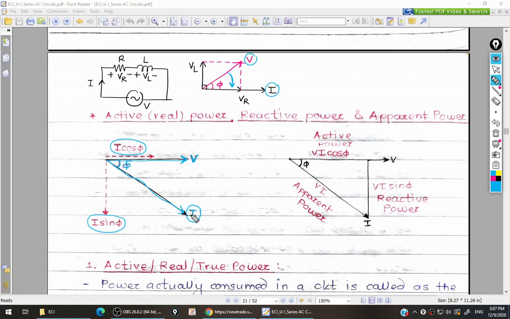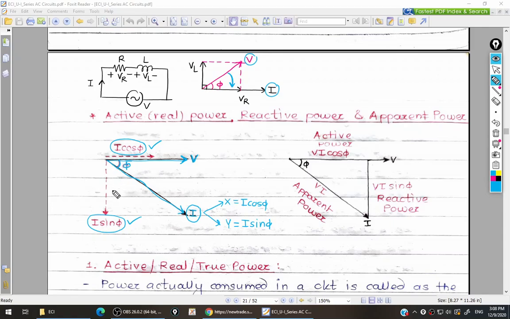The x component is the current itself multiplied by cos of the angle, and the y or vertical component is the current multiplied by sine of the angle. So I cos phi and I sin phi. Current I is divided into two parts: the horizontal part will be I cos phi, and the vertical part will be I sin phi.